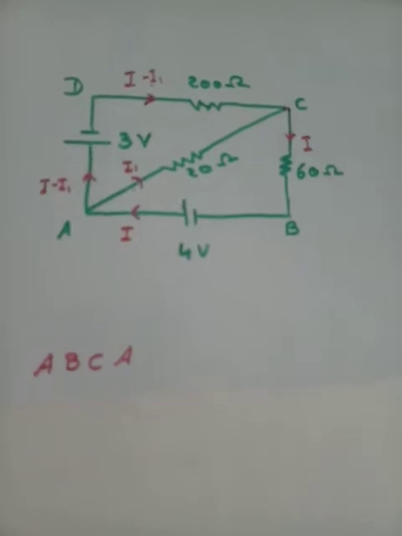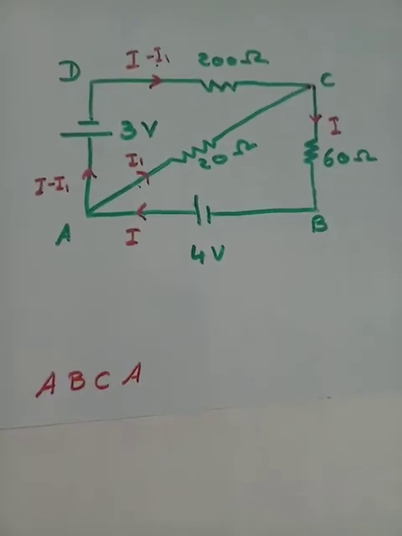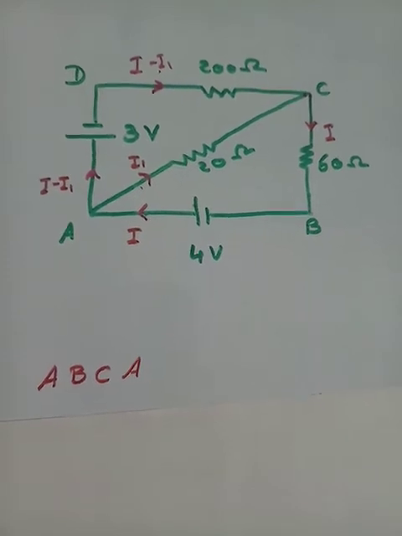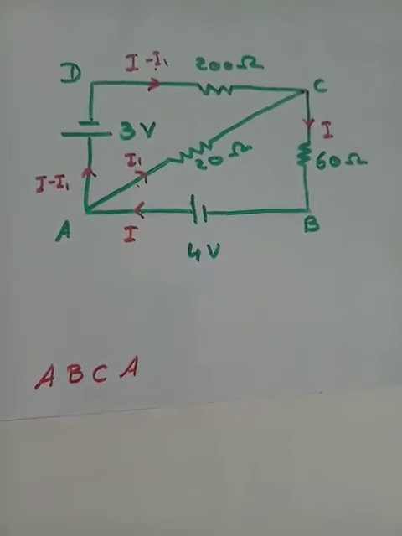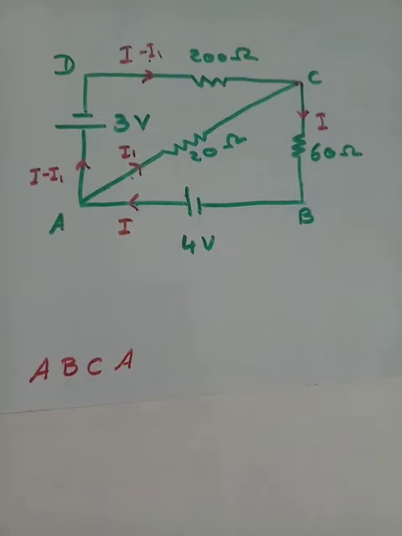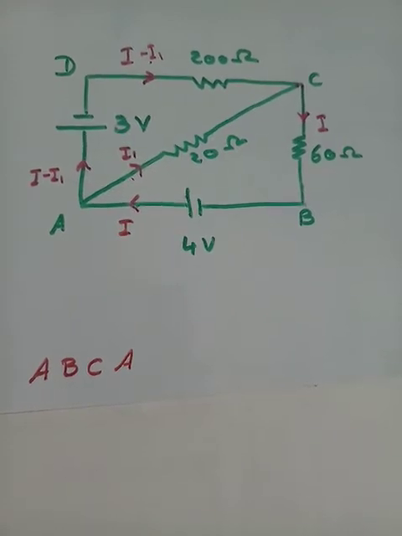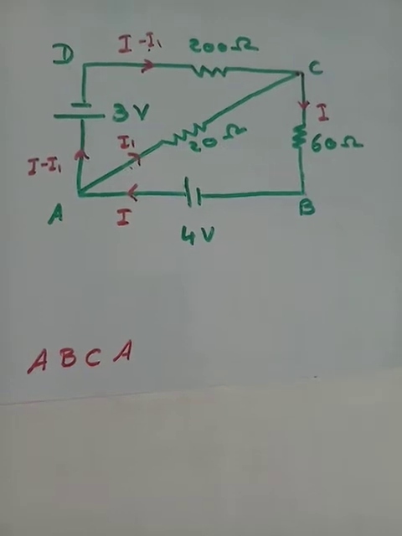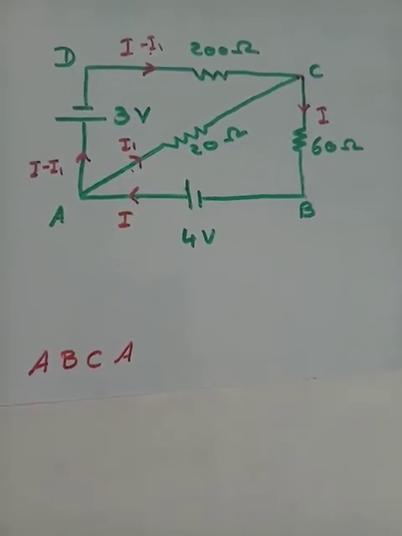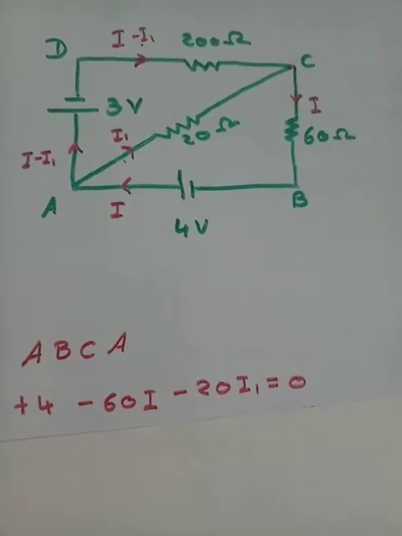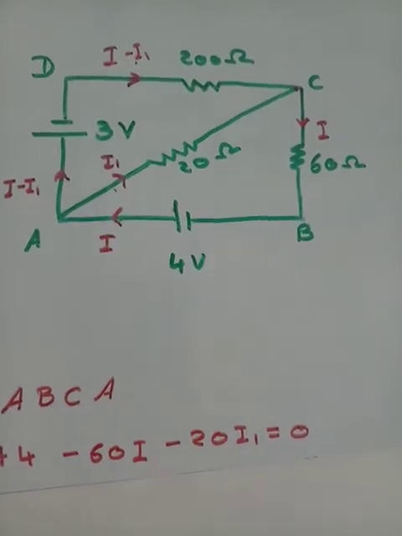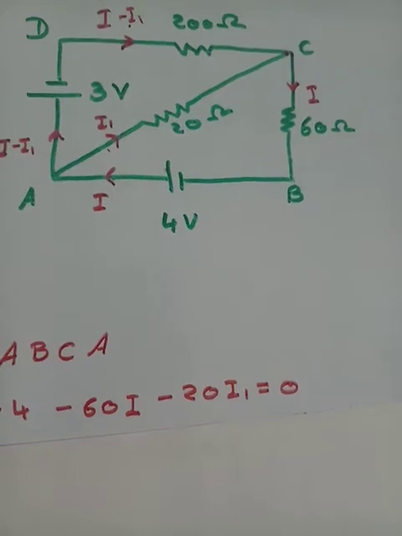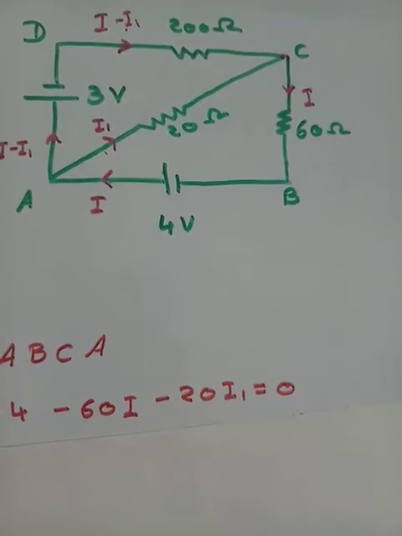Now I shall apply Kirchhoff's second law to find the potentials. Starting from A going to B, which terminal of the battery am I touching first? It is the positive terminal, so I will write plus 4. Now from the 60 ohm resistor I am going against the direction of current, so I will write it as minus 60I.